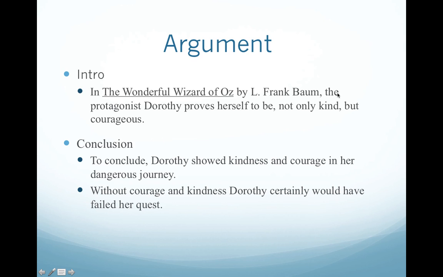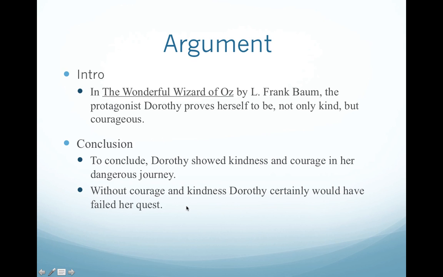So here's essentially the way we wrote the first argument: the protagonist, Dorothy, proves herself to be not only kind, but courageous. Well, down here we wrote, and you'll notice we have a transition phrase to conclude, Dorothy showed kindness and courage in her dangerous journey. So, same argument, but different wording.